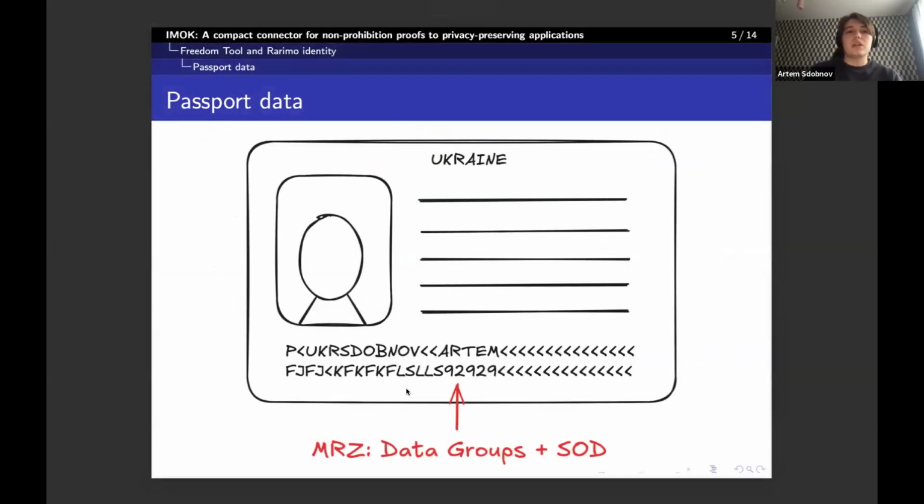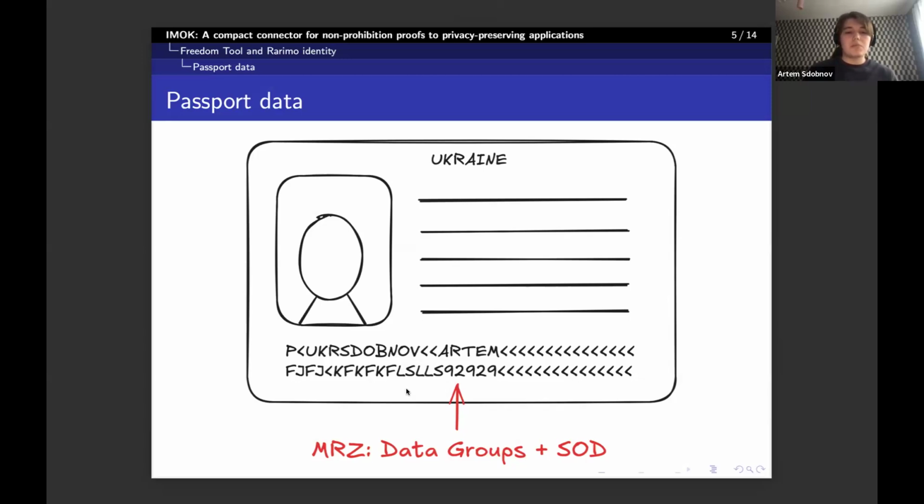Then I want to tell you about Freedom Tool and Rarimo Identity. As I've said, Freedom Tool is a passport-based anonymous voting scheme. And first of all, I want to tell you how a biometric passport works.